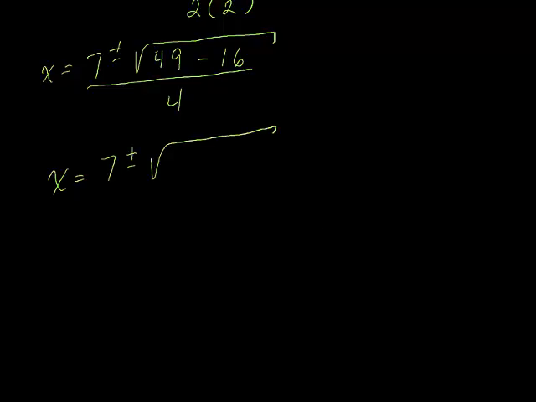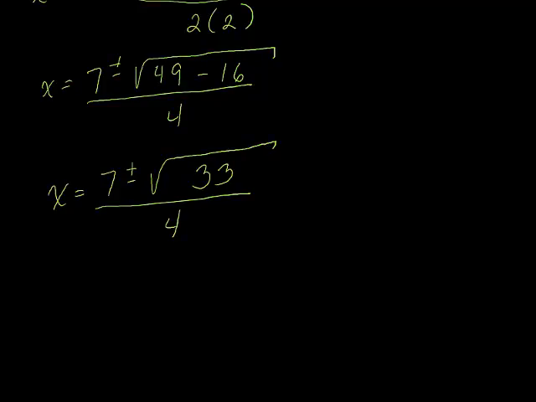So you're going to get 33 over 4. The square root of 33 falls between 5 and 6. So we can estimate the square root of 33 to be about 5.6, 5.7. So it's approximately 5.7.